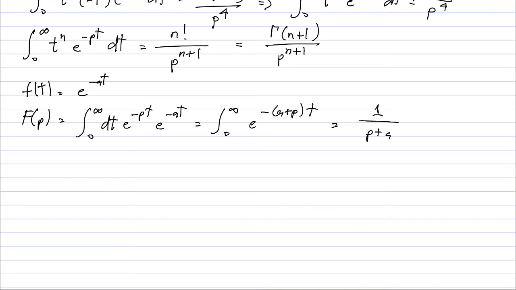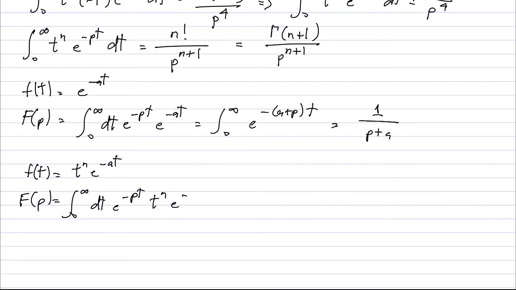Right. So you have this thing, and what else? Similarly, you can easily see that if the function is of the form t raised to power n e raised to power minus at, you have to find the Laplace transform of this thing. You get the integral from 0 to infinity dt e raised to power minus pt t raised to power n e raised to power minus at.